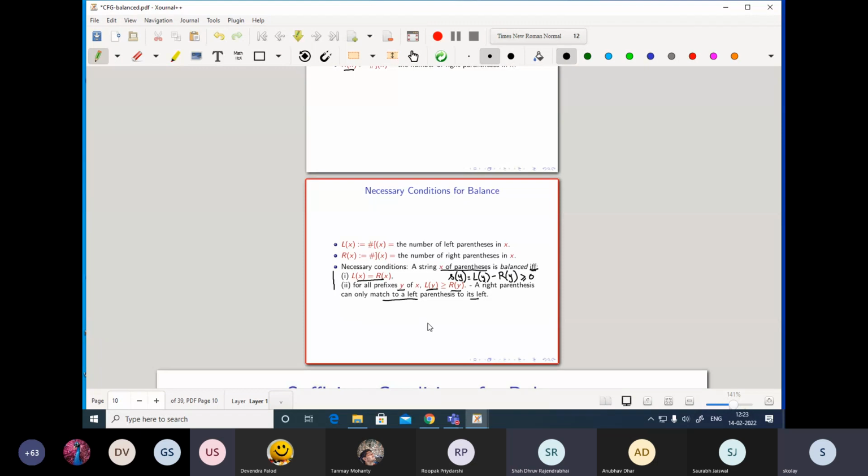Any string that is derived by that grammar should satisfy these two conditions: Lx equal to Rx, and every prefix having positive surplus value. And any string for which these two conditions hold must also be derivable from the grammar we have chosen.